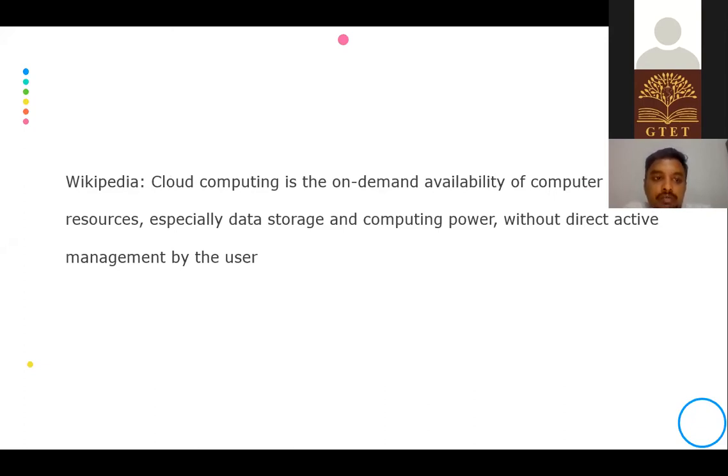Wikipedia, the largest online encyclopedia, states cloud computing is on-demand availability of computer resources, especially data storage and computing power, without direct active management by the user. This definition is a pretty mouthful. Let's try to understand a little bit deeper what it actually means through some examples.